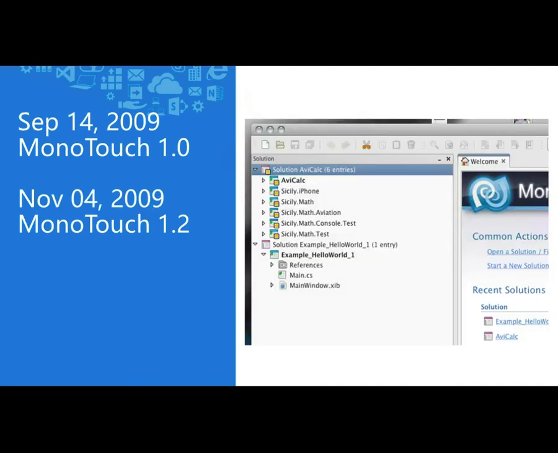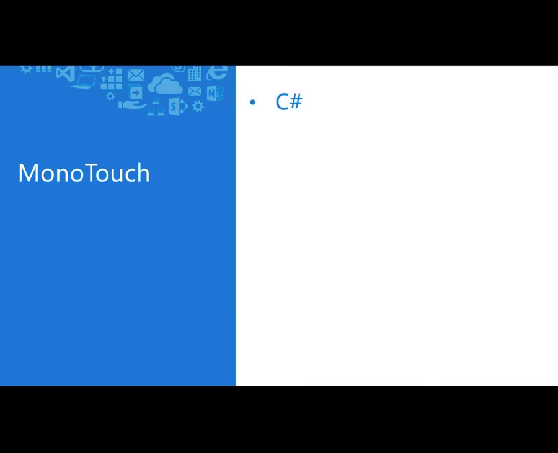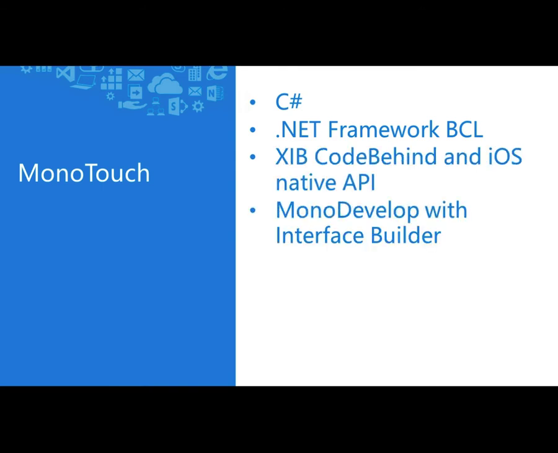But what if I use something like MonoTouch powered by C#? I can still use the .NET Framework BCL. For the UI framework, I use Interface Builder and MonoDevelop. I can write code-behind for the XIB file and iOS native API.